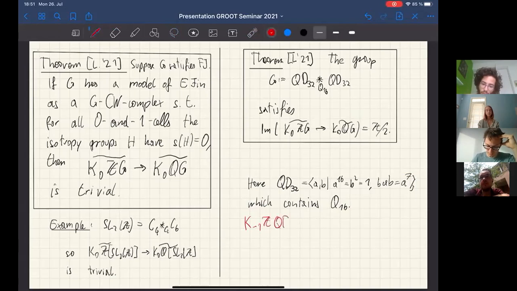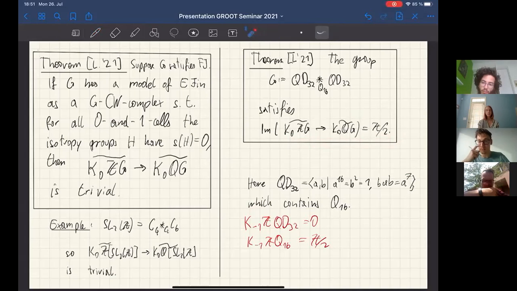So this is 0, but for Q16 we get a Z mod 2, and basically the fact that this map on negative K theory is not injective gives you some connecting homomorphism if you use the right models, and from this you can then calculate that this is the case.